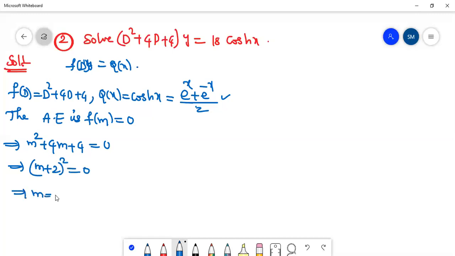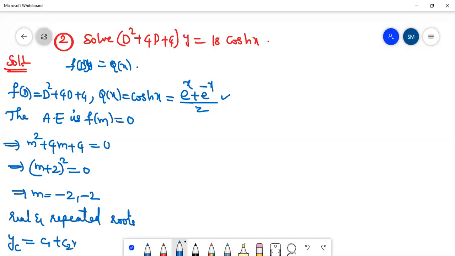Here m equal to repeated minus 2, minus 2. Here real and repeated roots. So yc, the complementary function, equal to c1 plus c2 x into e power minus 2x.